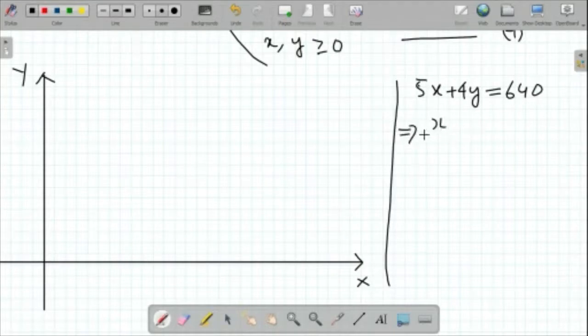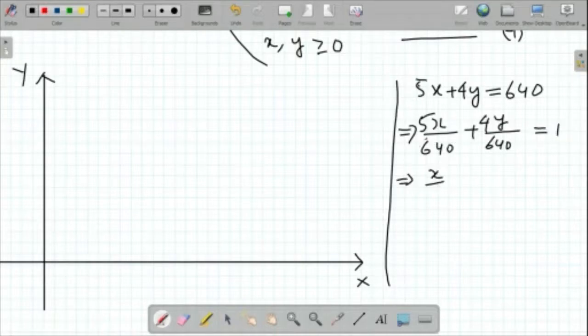So 5x divided by 640 plus 4y divided by 640 equals 1.